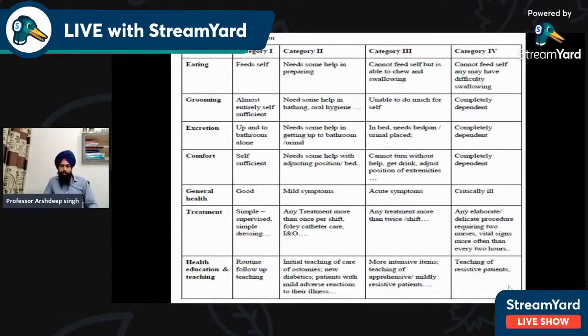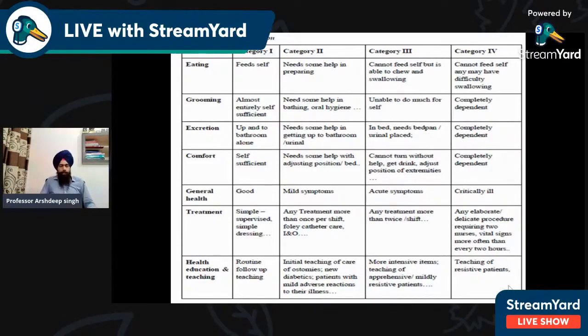As you can see, in category 4, cannot feed self, may have difficulty in swallowing. So the person in category 4 cannot chew or swallow by himself or herself, or has difficulty. Next is grooming. In category 1, for example, almost entirely self-sufficient, as I have already explained.